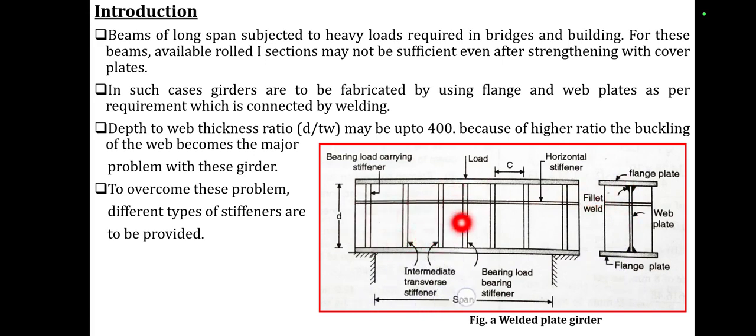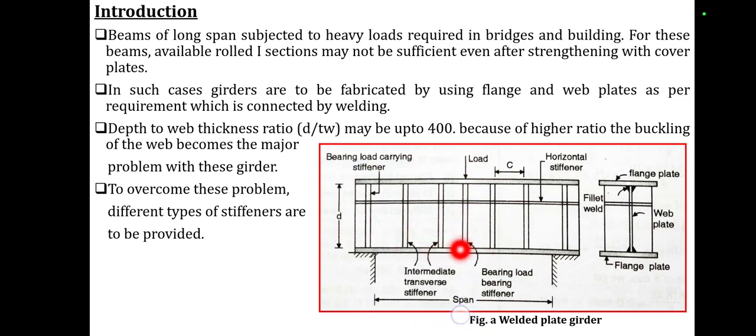In between, the web is given vertical stiffeners. At the ends, the vertical stiffeners are called load bearing stiffeners. Loading is done at the center or anywhere in the span. Then the distance between the center to center of vertical stiffeners is denoted by C. These are the intermediate vertical or transverse stiffeners.